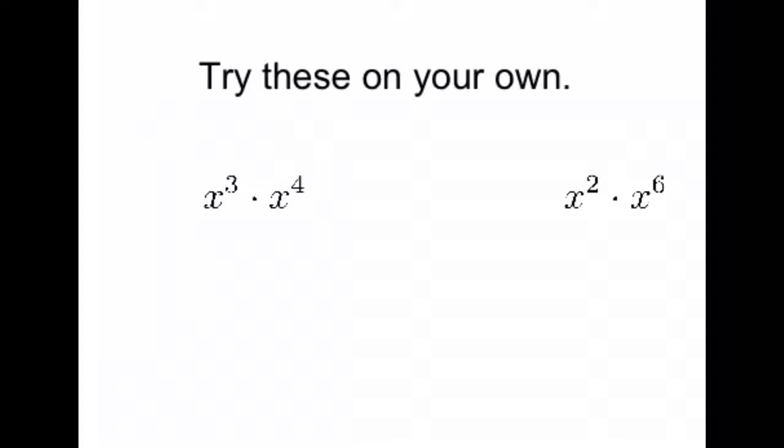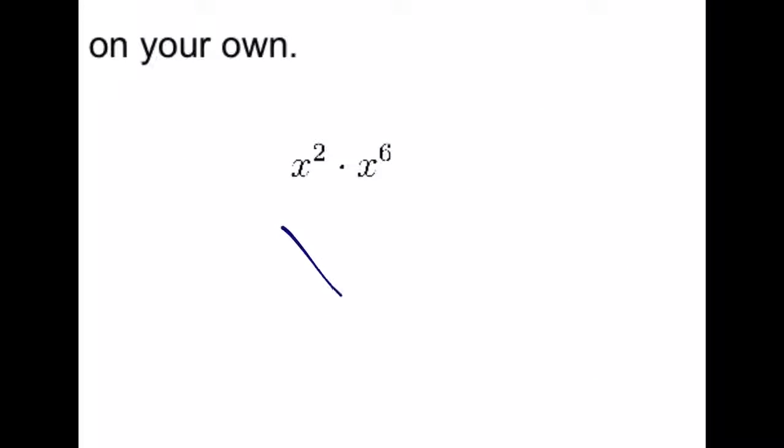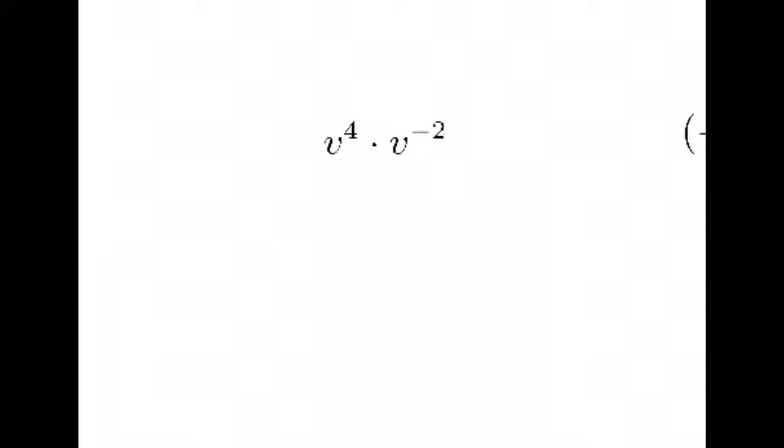For some examples, this one becomes x to the 7th. 2 plus 6 is 8. 4 plus a negative 2, or the same thing as 4 minus 2, becomes v squared.